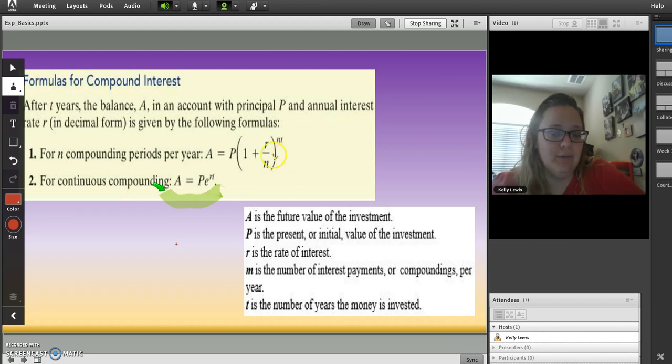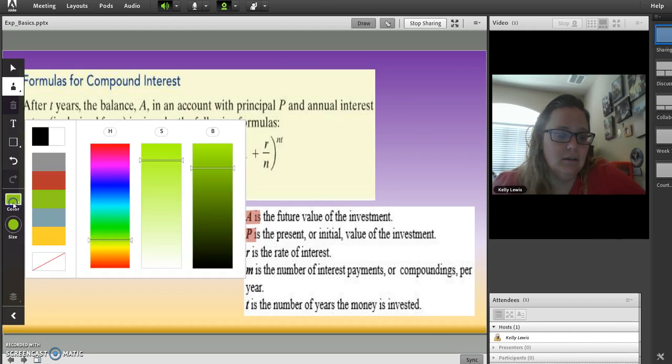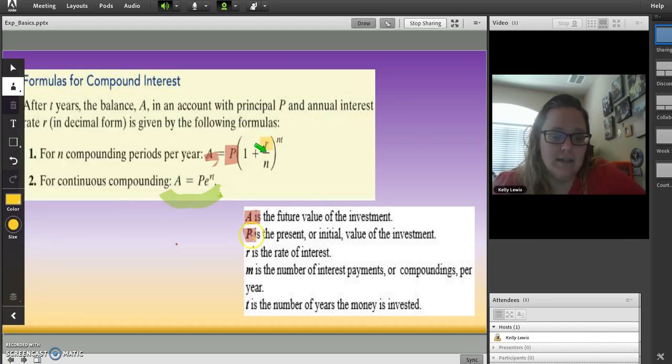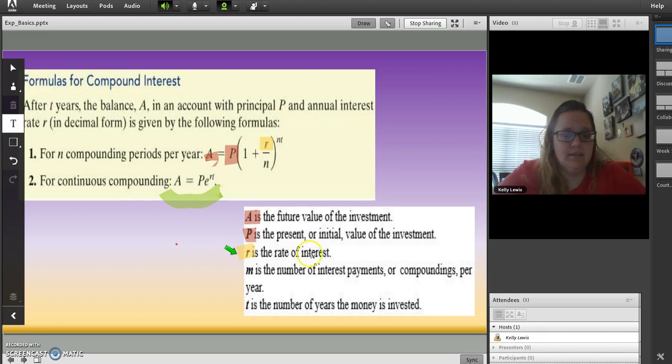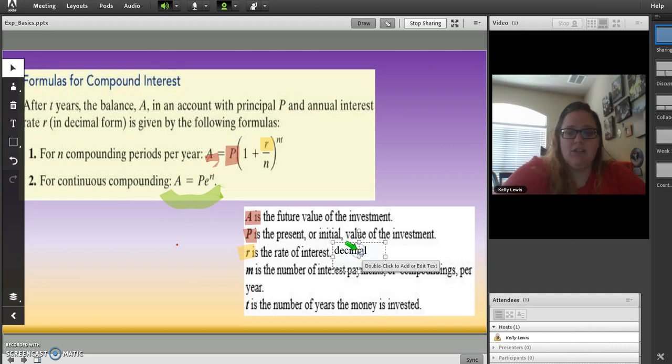Okay, the formula. A is the future value of the investment. P is the present value, so if you put in 5 grand, how much money would you have after 7 years or something like that? R is the rate, and this always needs to be a decimal, so you need to change the percent to a decimal.